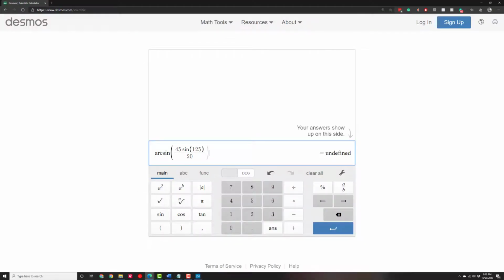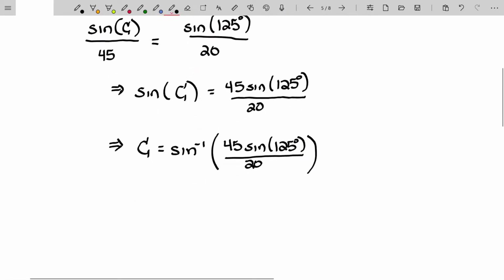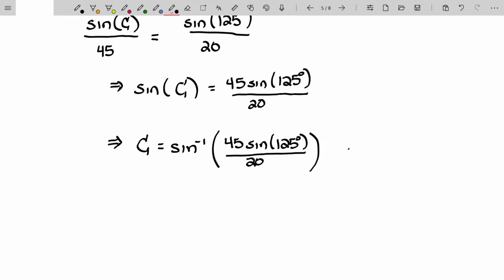But if you look at this answer on the right hand side, it says undefined. And that is because this fraction, 45 sine of 125 over 20, is greater than 1. You would not know that until you grabbed a calculator, by the way. So this is kind of the punchline. If you grab a calculator and it returns undefined, then you know there's no triangle.